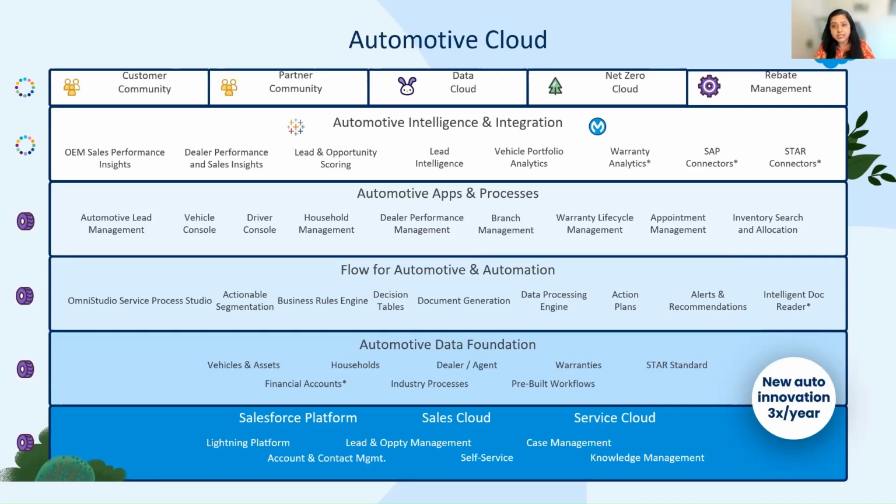You can combine your sales and service departments into a single pane of glass for upsell and cross-sell opportunities. You can also quickly react to market trends, and you can scale the solution if Automotive Cloud is adopted.